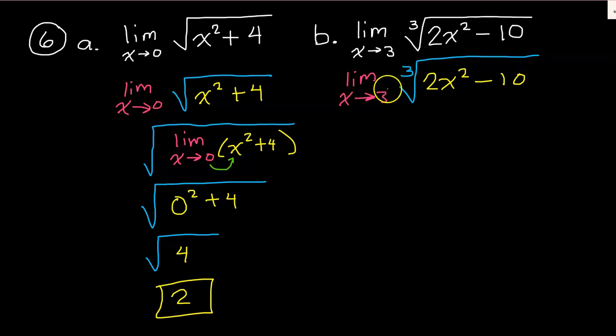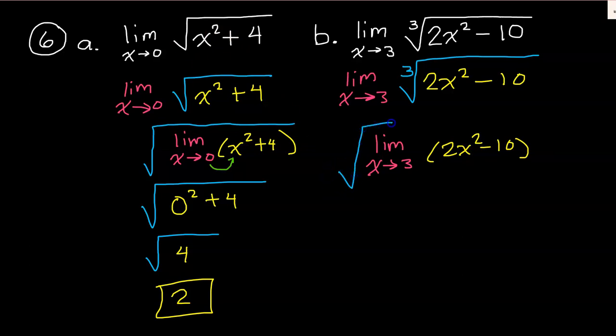We have learned that when you have a composite function, you are allowed to take the limit of the inner function first. So we can go ahead and take the limit as x approaches 3 of the inner function, 2x squared minus 10. We can do that first, and then afterwards we will apply the outer function, which is the cube root. And again, if you want to find the limit of a polynomial function, you can use direct substitution.